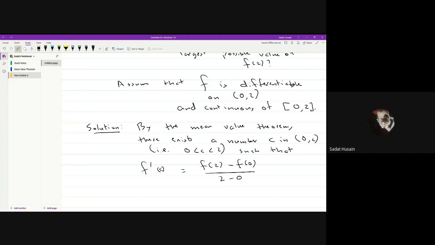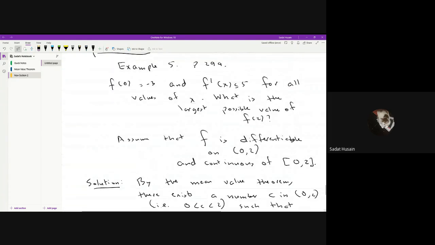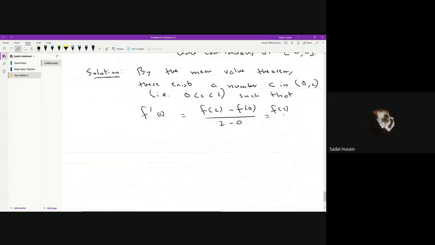We don't know f of 2 at all. We know f of 0. f of 0 is equal to minus 3. So this is f of 2 plus 3, divided by 2.